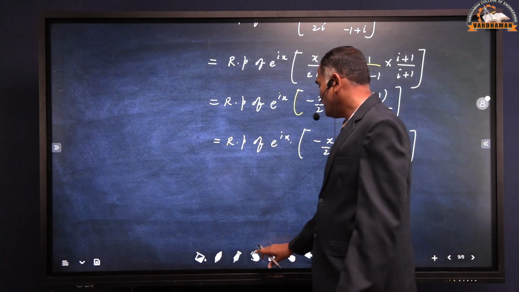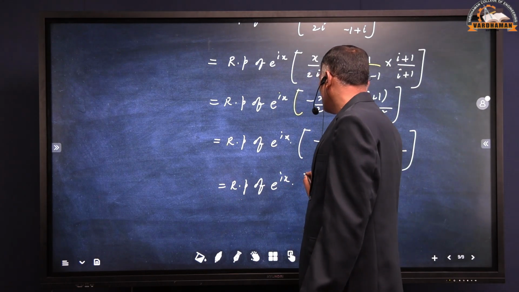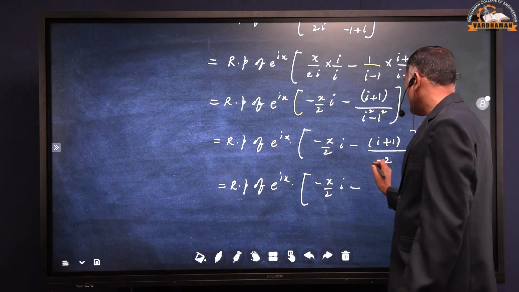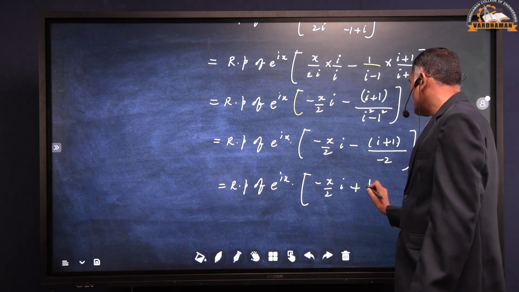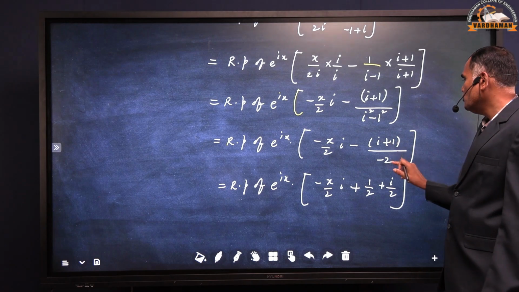Simplify further: real part of e^(ix) into minus x by 2 into i, minus becomes plus, 1 by 2 plus i by 2.